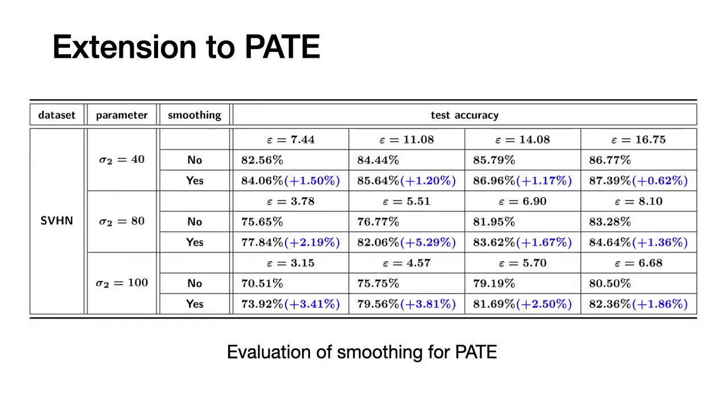Intuitively, PATE introduces label noise in the training, which eventually manifests itself as parameter noise and therefore can be mitigated by smoothing loss function. We can see from the table that the utility of PATE is improved consistently in all settings with smooth loss function.